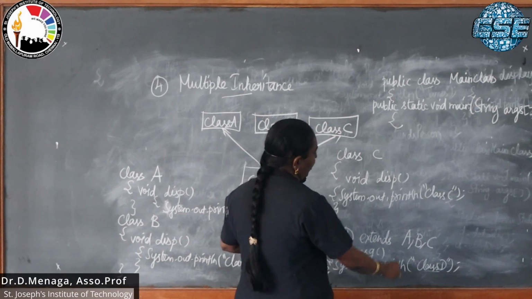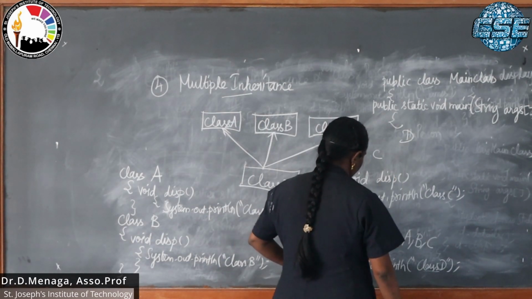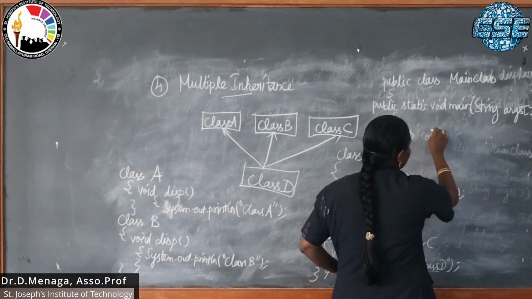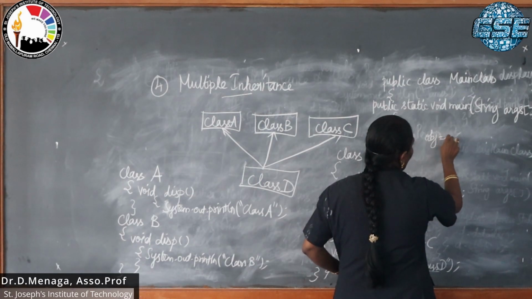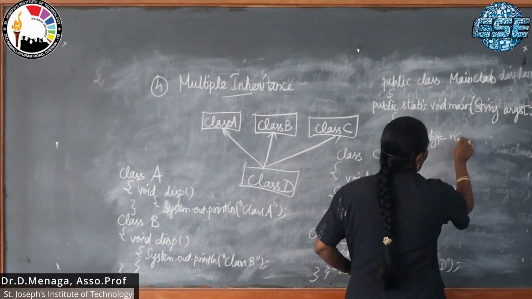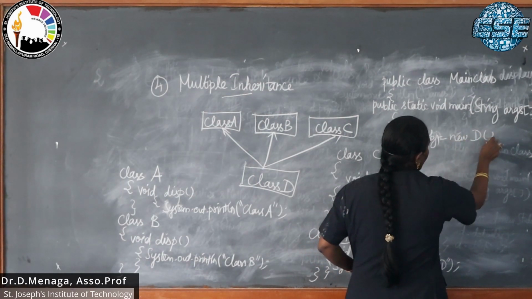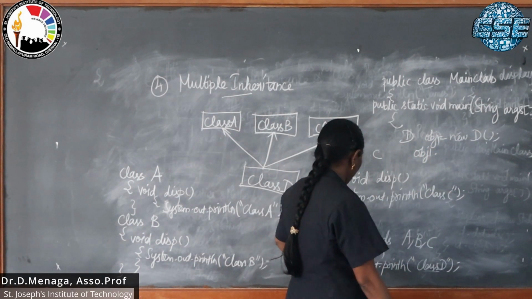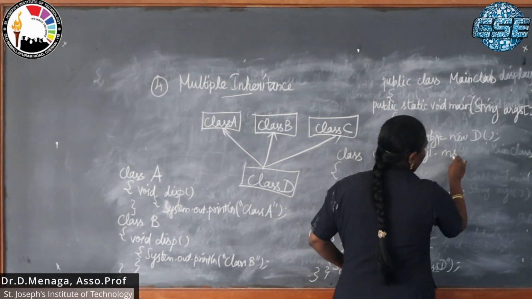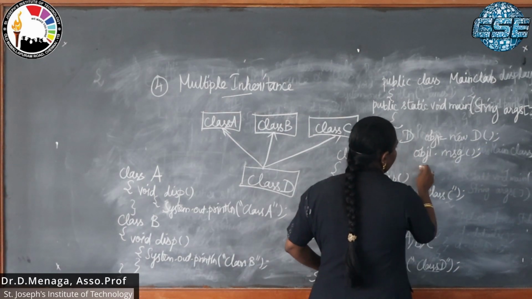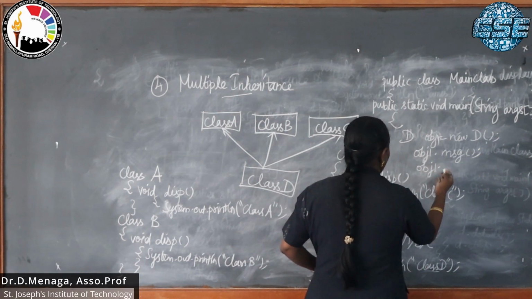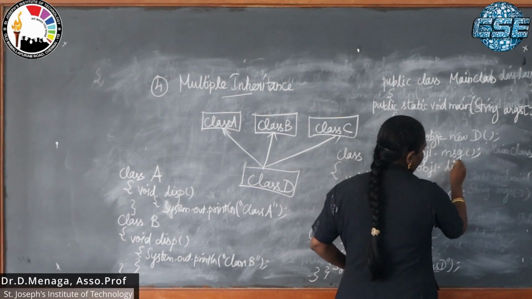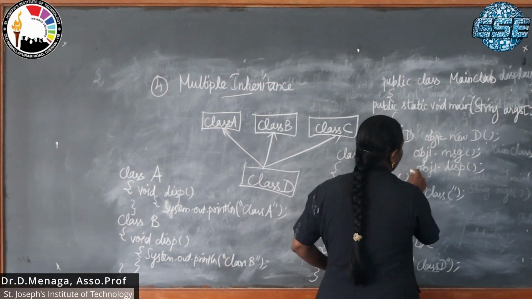So I am going to create an object for this derived class. Class D object is equal to new capital D of. So this object is going to invoke the method which is present in my derived class and my base class.